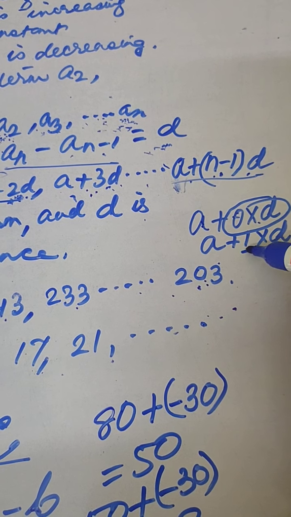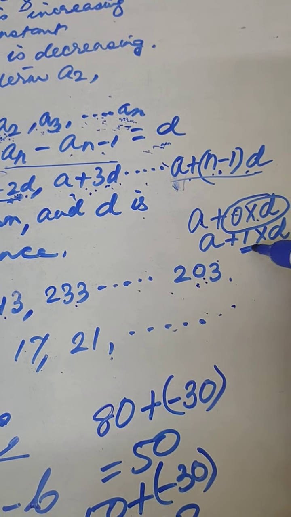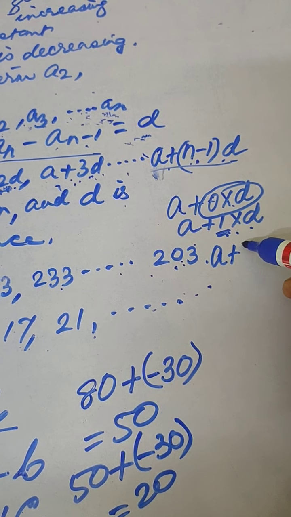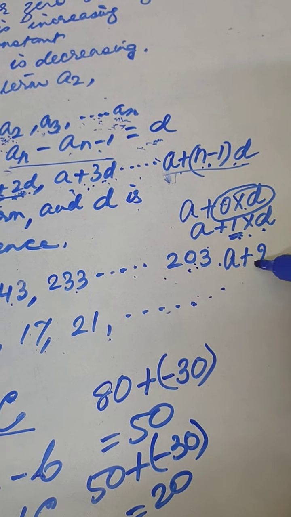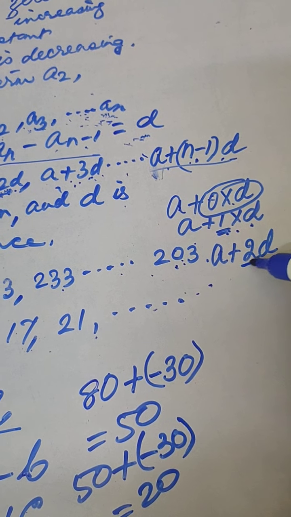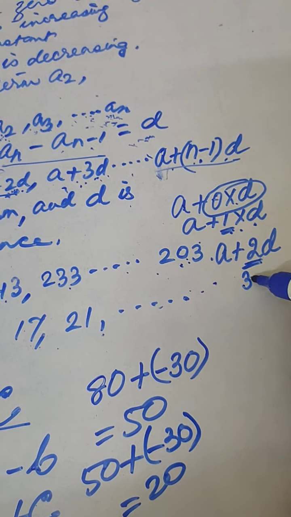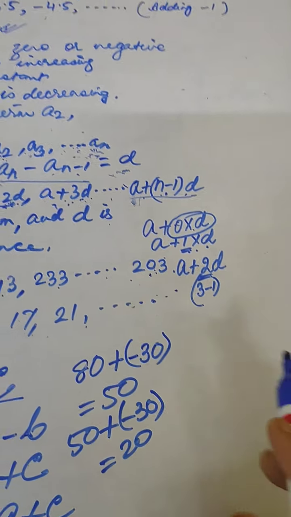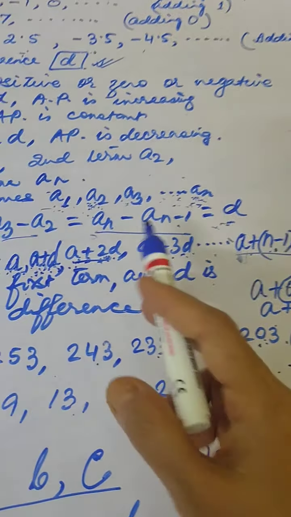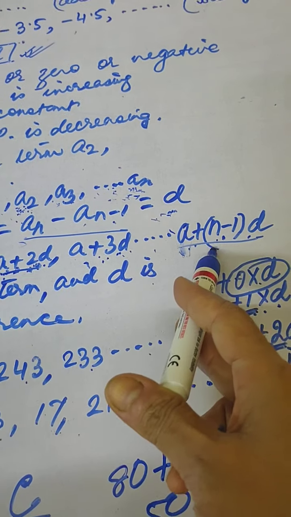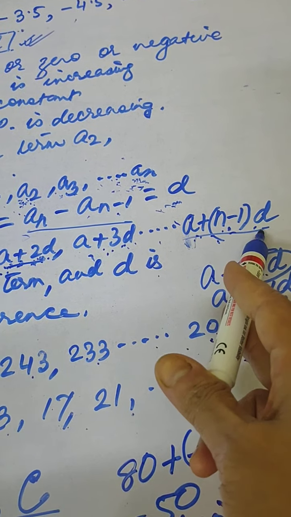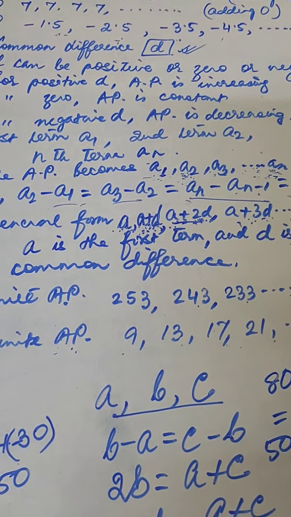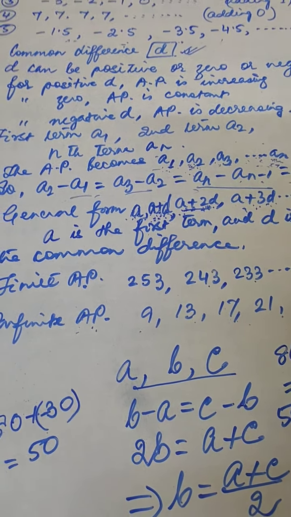Here the coefficient of d is 1. Then the third term is a plus another d, so 2d. The coefficient for the third term is 2, that means 1 less than 3. In that way, when we follow like this, we get the nth term as a plus n minus 1 into d, where a is the first term and d is the common difference.